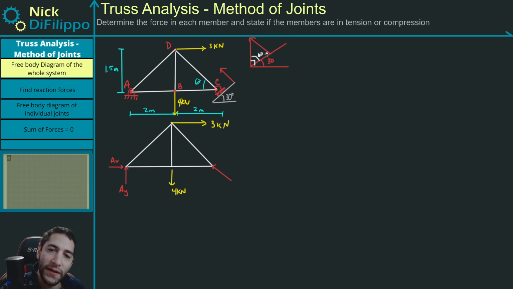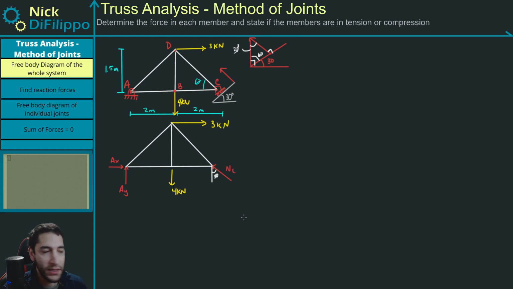And I also know that this angle, even though I didn't draw it too well, is perpendicular. That means this angle right in here must be 30 degrees. So if I draw a line down, this must be 30 degrees. And we'll call this my normal force of C.